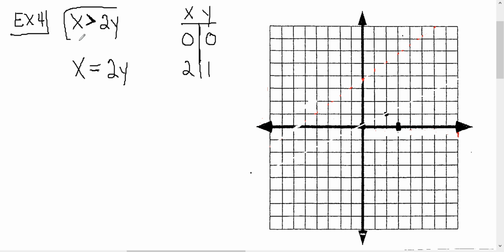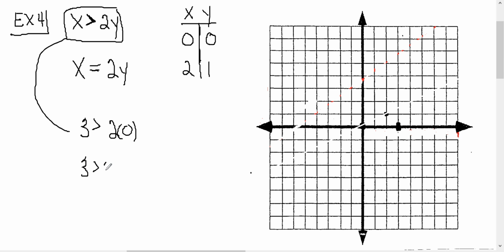So when x is 3, is that greater than 2 times y, and y is 0? So 3 is greater than 0. True. So that means all this region underneath the line is what we were looking for.